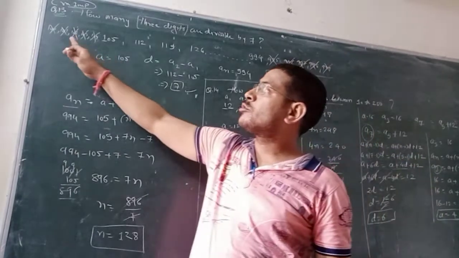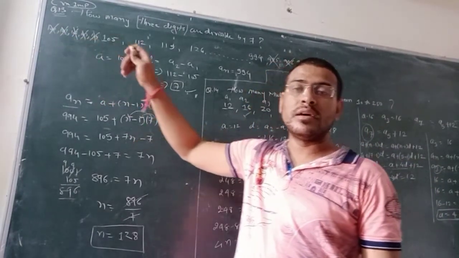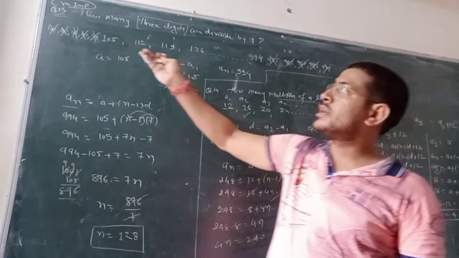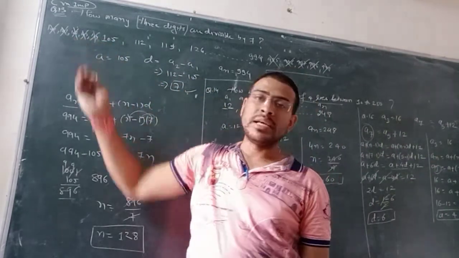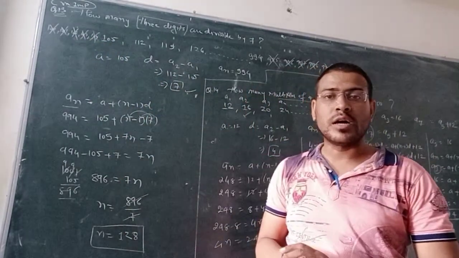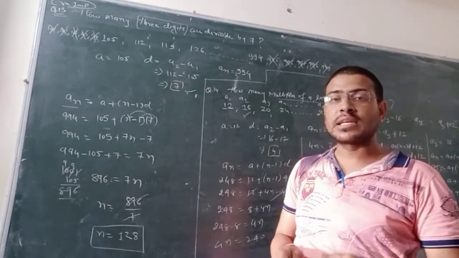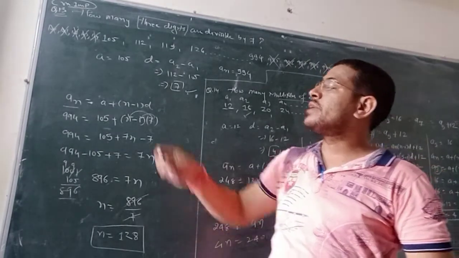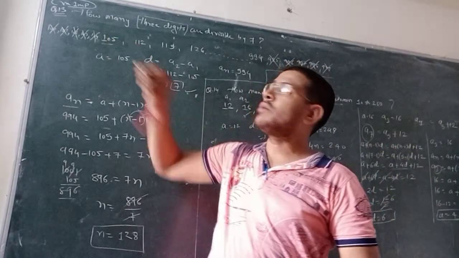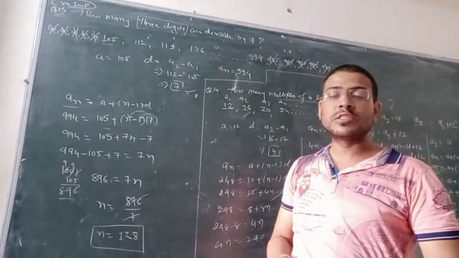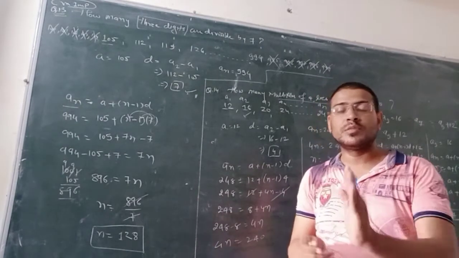I tried dividing 100, 101, 102, 103 up to 104 by 7, but every time I got the answer in decimals. That's why they are not exactly divisible by 7. But when I reached 105, I got the exact value. It means this 105 is divisible by 7.